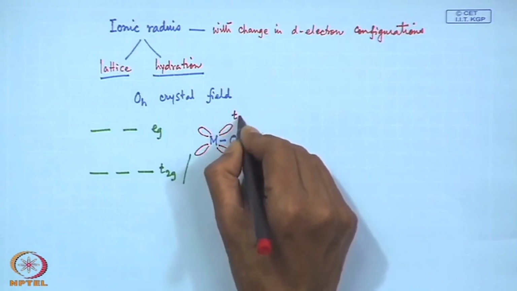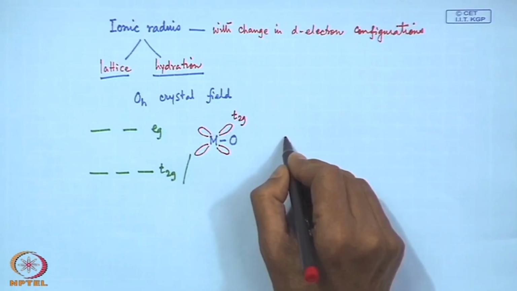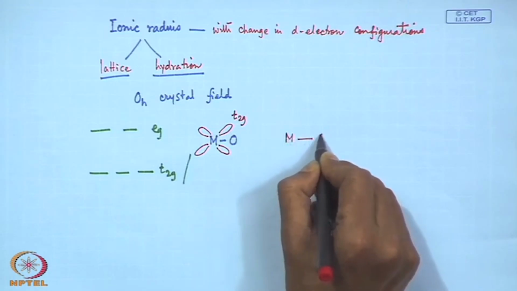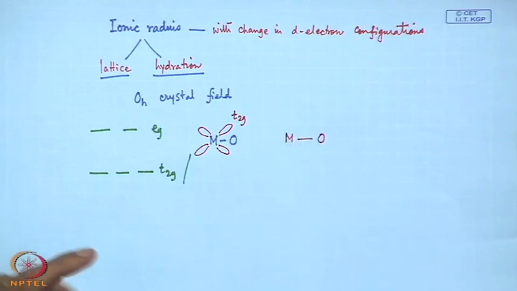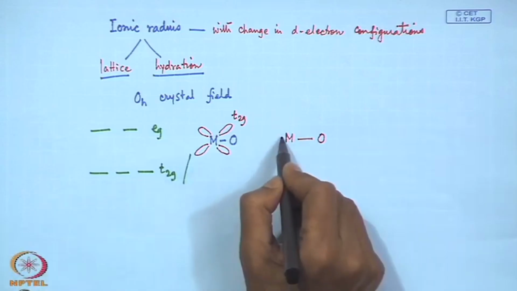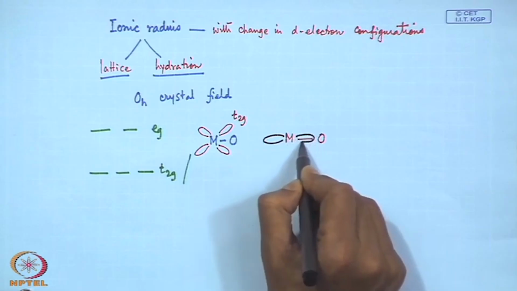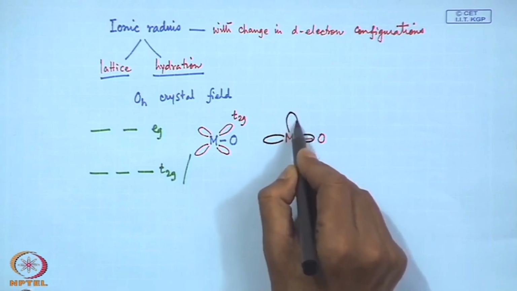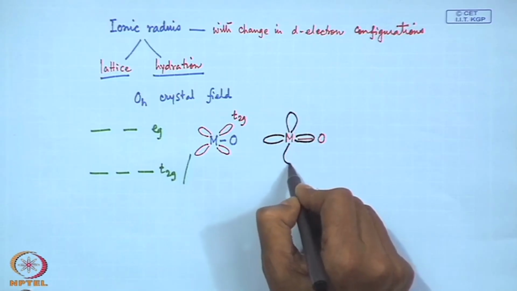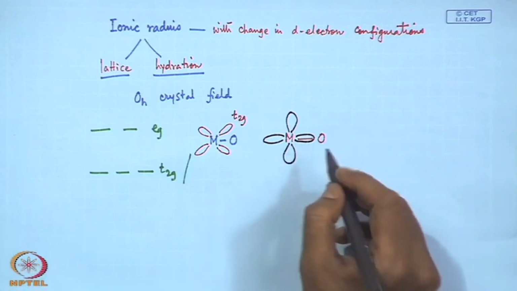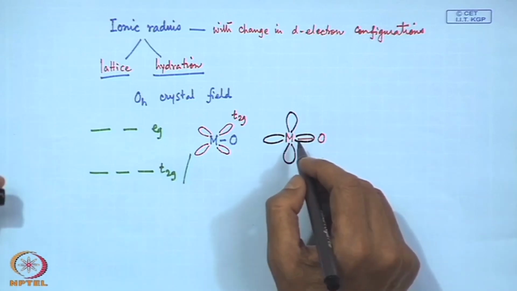So, this is our T2G set, but when this metal oxygen bond is there, we find the direct face of these orbitals, and if they are empty they will face differently, if they are filled they will fill in a different way.